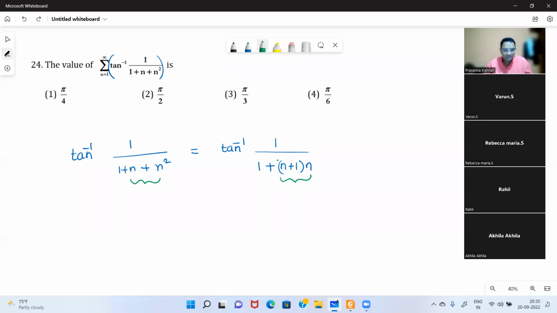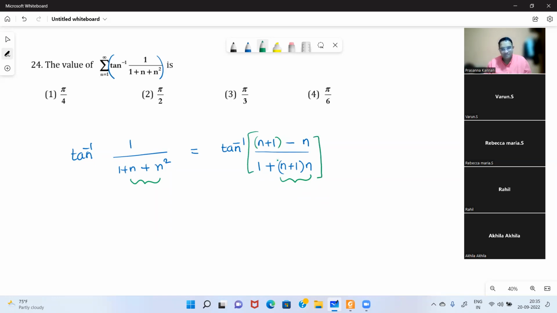Numerator I have over 1. Can I write it as n plus 1 minus n? Because n and n will cancel and you will get 1. Exactly.